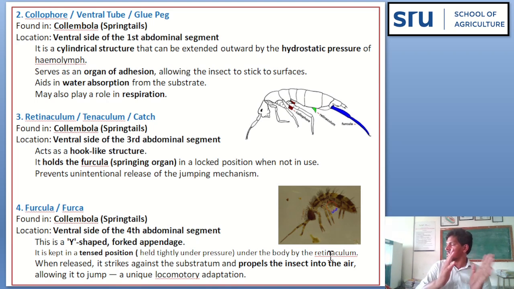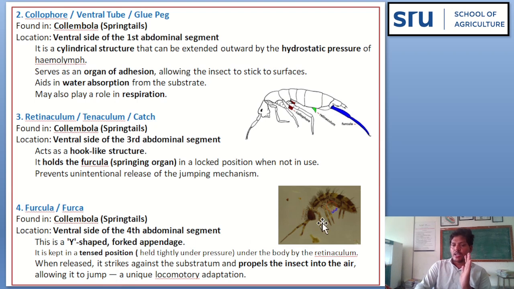It is held by means of the retinaculum, the previous structure we already discussed. When released, it strikes against the substratum and propels the insect into the air. So it acts as a jumping organ, allowing it to jump, and it is a unique locomotory adaptation in springtails.